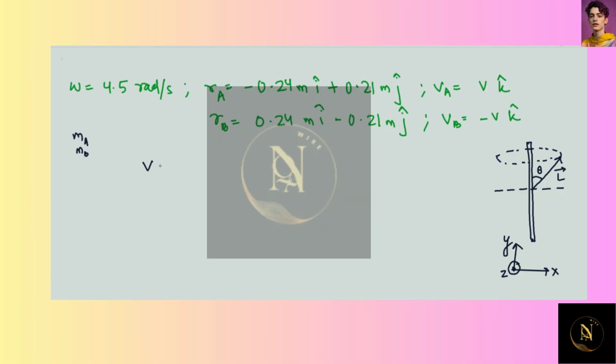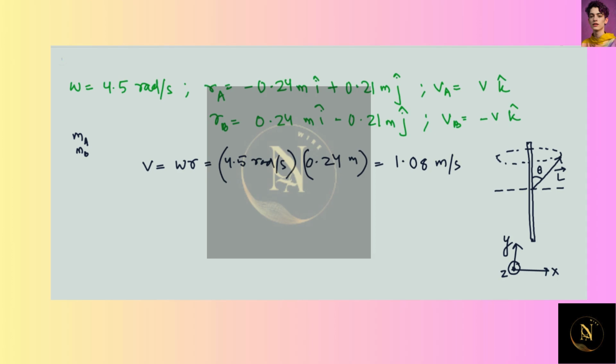Therefore, the speed will be given by omega cross r, and here this will be omega times r, and this will be equal to 4.5 radian per second times r, which is just the magnitude 0.24 here, equal to 1.08 meter per second. So this V is the magnitude of VA and VB.